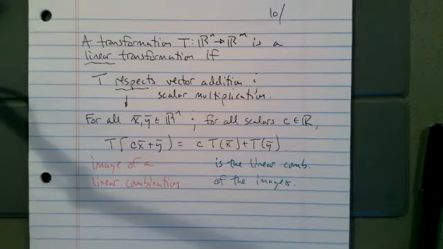Now the big thing about 1.8 and 1.9: what relates linear transformations to stuff that we've done already? If a transformation is a linear transformation, then we can represent it with matrix multiplication.